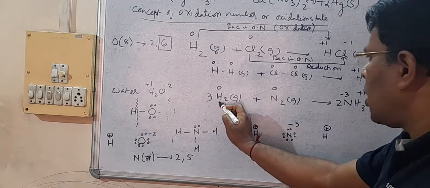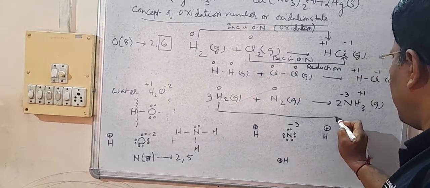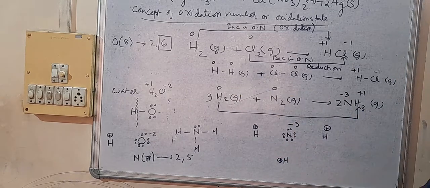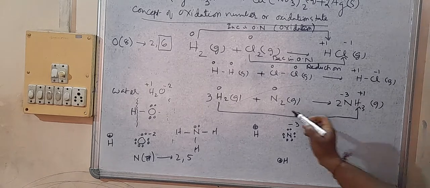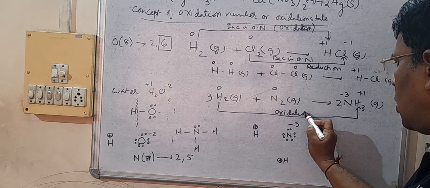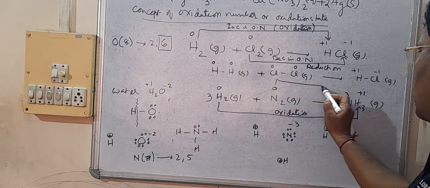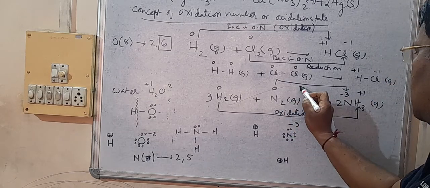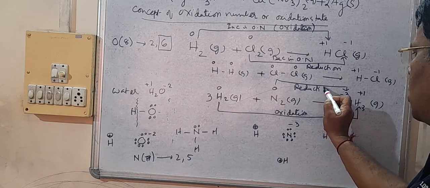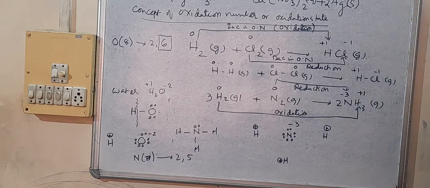So you see from here to here, 0 to plus 1, 0 to plus 1, there is an increase in oxidation number. So this is oxidation, and 0 to minus 3 is a decrease in oxidation number. So this is reduction.